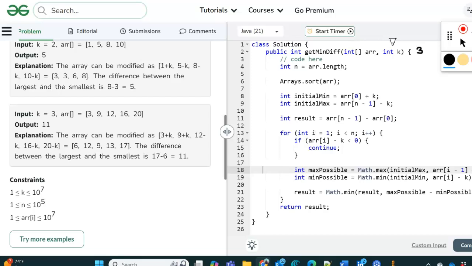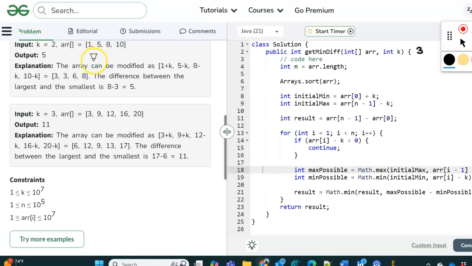But where is the break point there? We want to add k to the smaller numbers and subtract k from the larger numbers. And as I say, we have to find some appropriate switch point to get the best answer. And there may be more than one switch point. But as long as we pick one, we're okay.